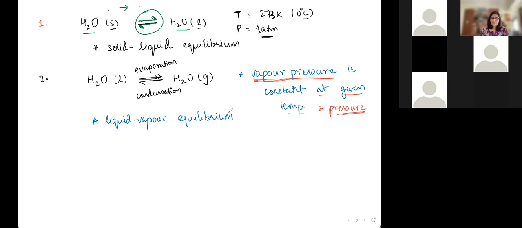Could you explain vapor pressure again? Vapor pressure, okay, we haven't really gone very deep into it. So basically, if you put water in a container, let's take a closed vessel to keep this simpler.